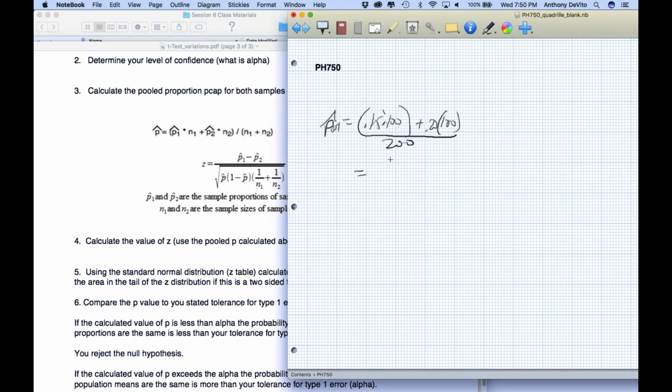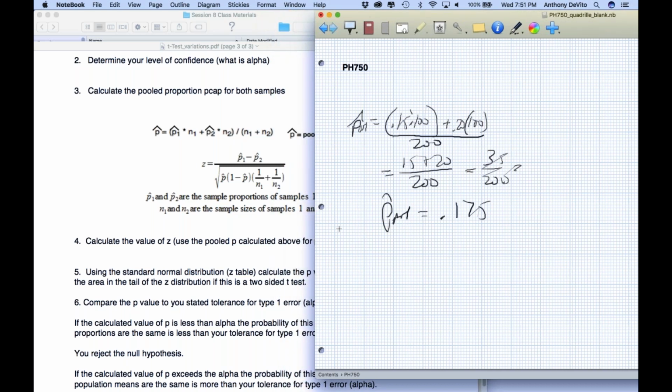So it's going to be an average, right? It's going to be 15 plus 20 over 200, which is equal to 35 over 200, which is equal to 0.175. No big surprise. P-cap pooled is going to be equal to that.